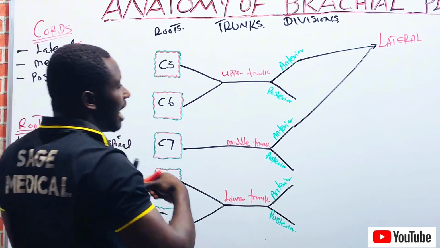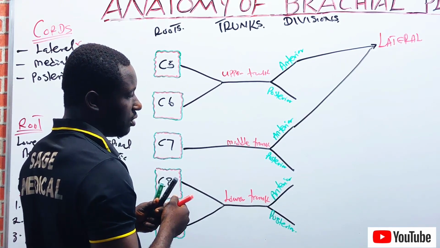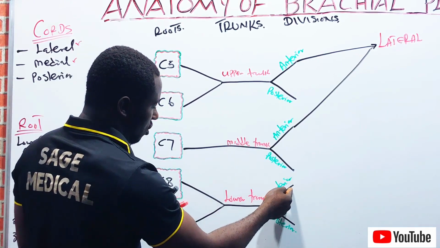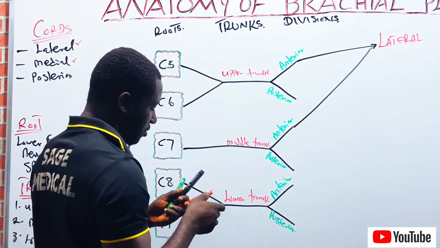Now on the medial chord, the anterior division of the lower trunk forms the medial chord.